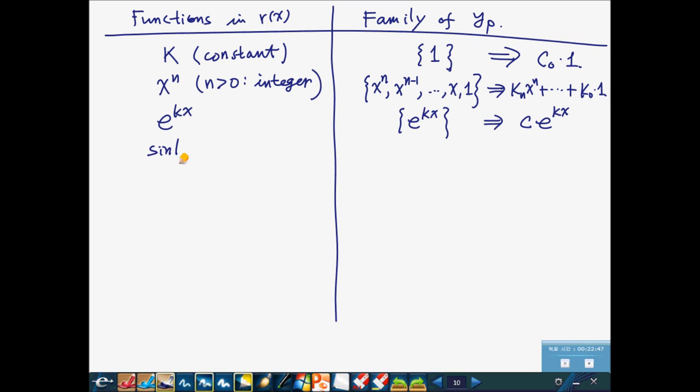If it's given as sine kx, then we should have cosine kx, sine kx, probably with c. This k and c's are arbitrary. Just arbitrary, anything you want. So don't worry about it. Cosine kx is the same thing.